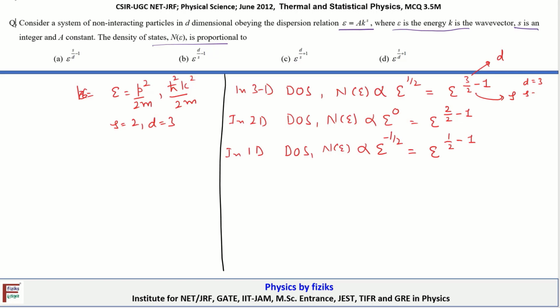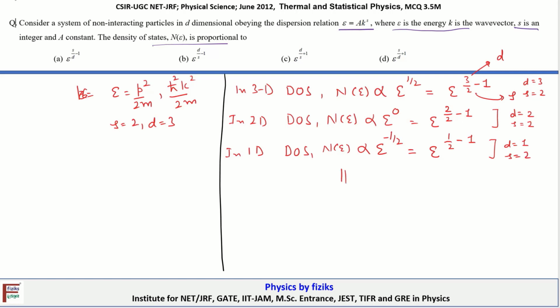So if we make a comparison for the three different cases: here D is equal to 3 and S is equal to 2, in this case D is equal to 2 and again S is equal to 2, and in the one dimensional system D is equal to 1 and S is equal to 2 again.